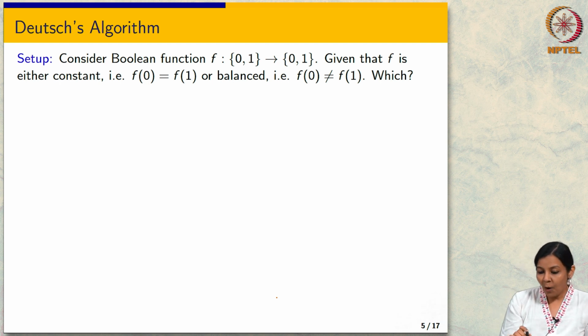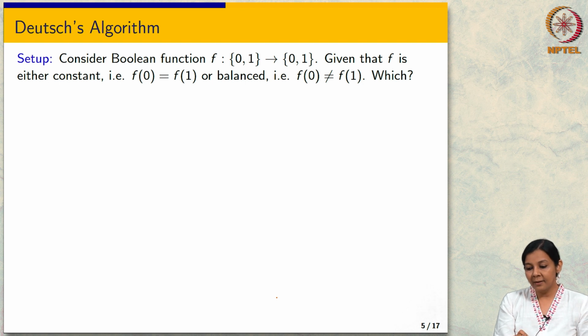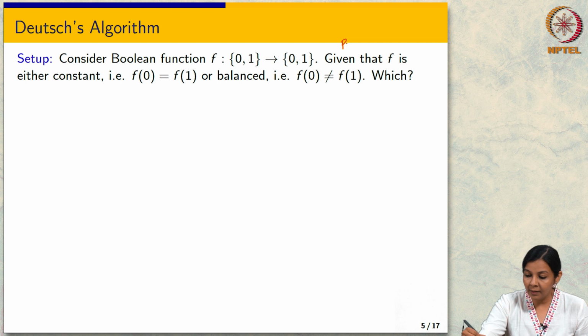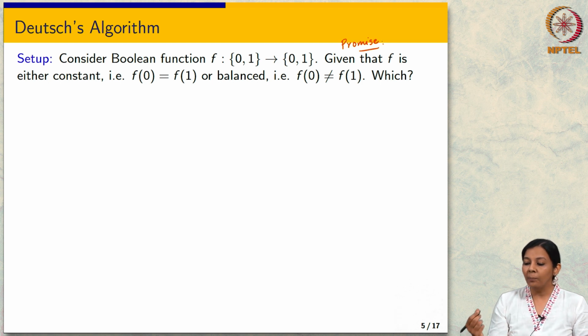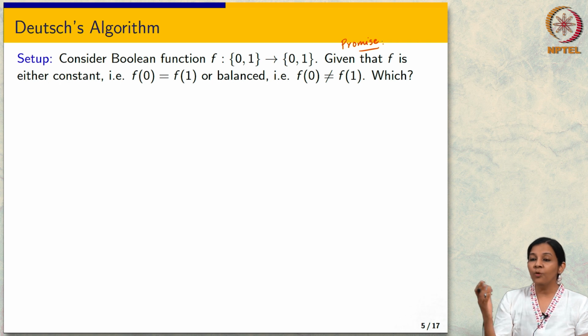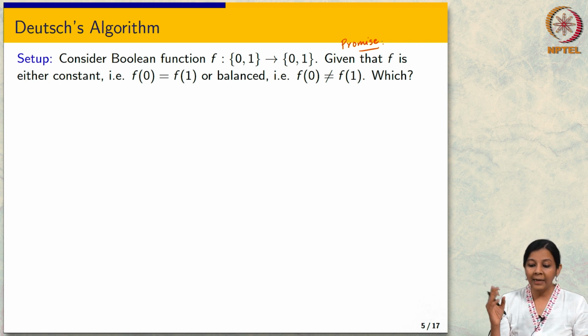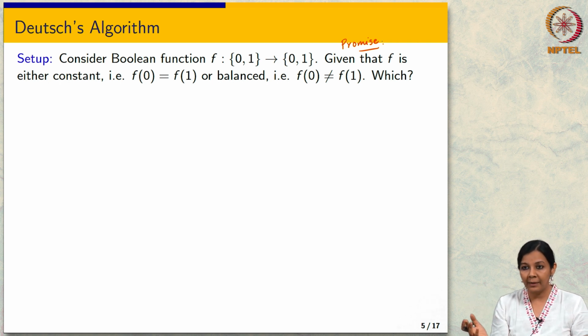So what is our problem here? As I said, it's a bit of a toy problem, but it already illustrates some very nice ideas. You're thinking of a single bit input to output function f, and you're given a promise. In computer science, these are known as promise problems. You're given a promise that f is one of two things: either it is constant or it is balanced.